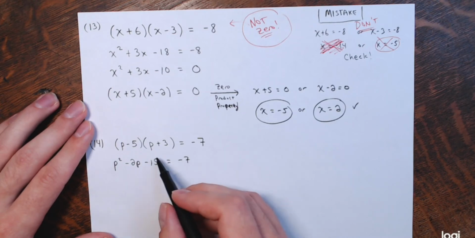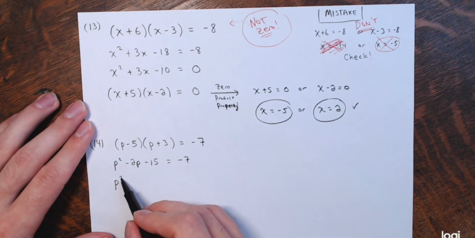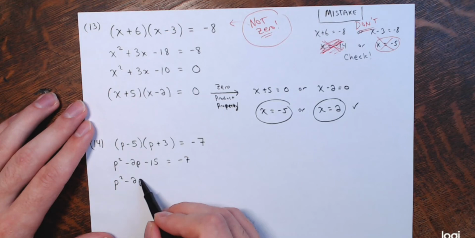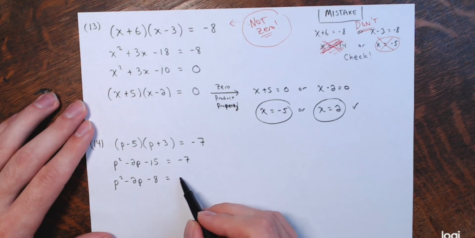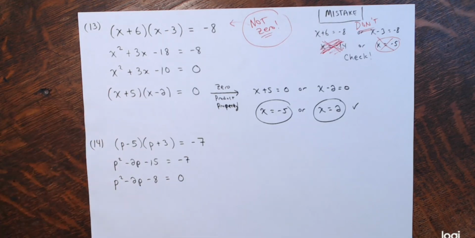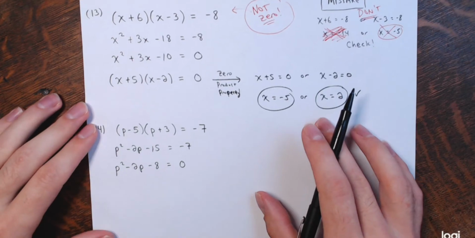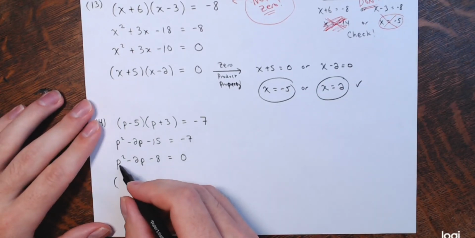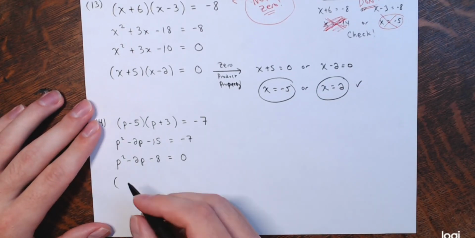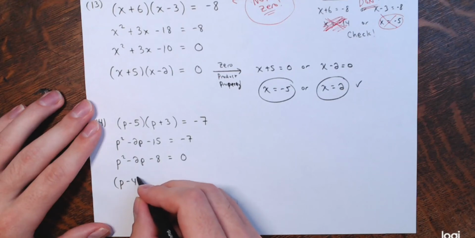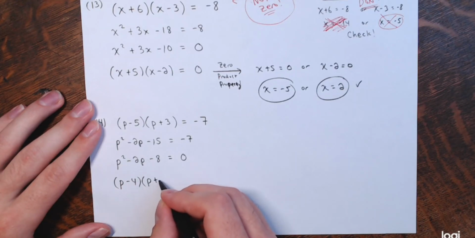And then I'll add 7, and then I'll have what I want. p squared minus 2p minus 8 equals 0. Take everything to one side, 0 on the other, get a nice simplified polynomial, and then factor. This p squared minus 2p minus 8 would factor to p minus 4 times p plus 2.